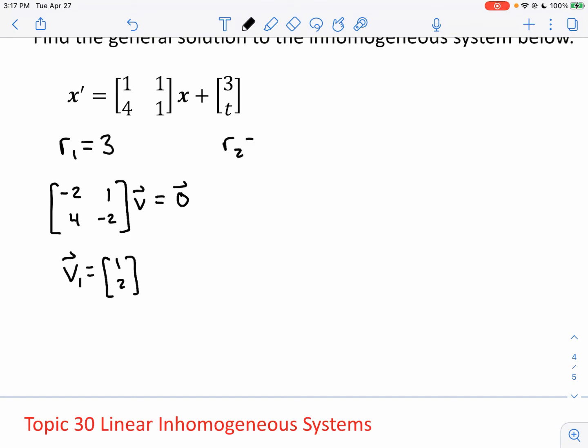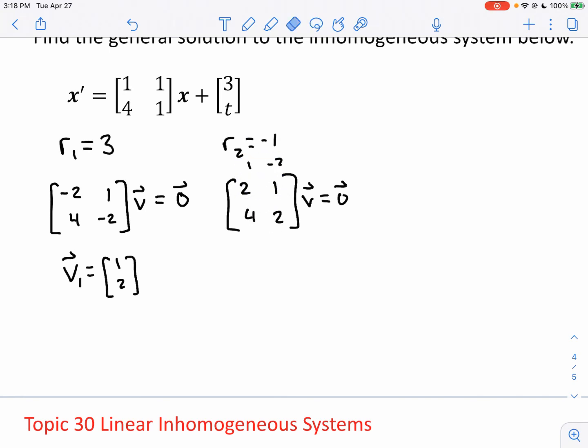The other eigenvalue was -1. So subtract -1 from the main diagonal. In other words, add 1 to the main diagonal. We get 2 and 2 on the main diagonal. The other entries do not change. And we're solving this equation. Let's see if we can just think our way through this one as well. If I do 1, 2, and -2 1s, that should zero out the top row. Will that also zero out the bottom row? Yes.